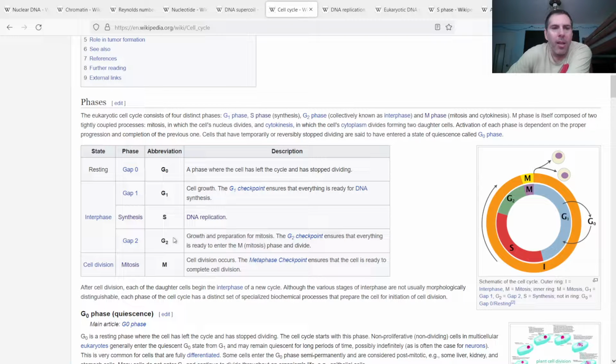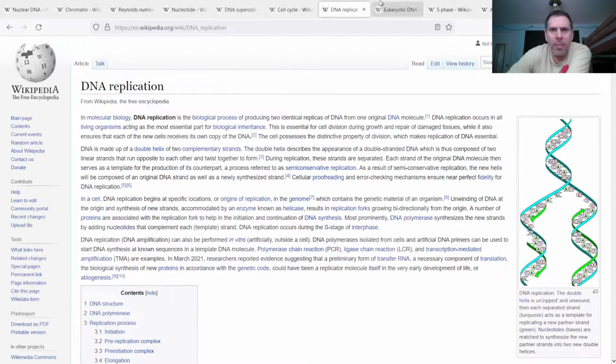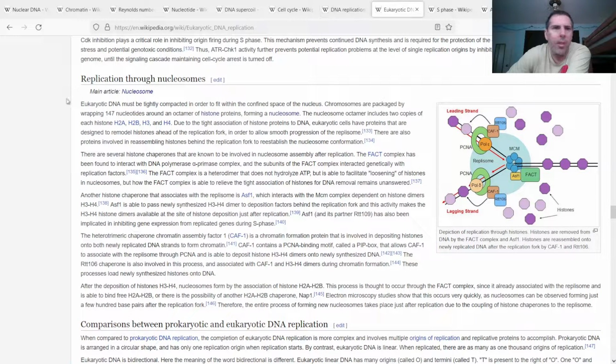So the cell cycle, like here, I think is specific to mitosis, but you have various phases, and the synthesis phase is where the DNA replication is performed. Before I mention that, the DNA replication process also has to replicate the chromatin.